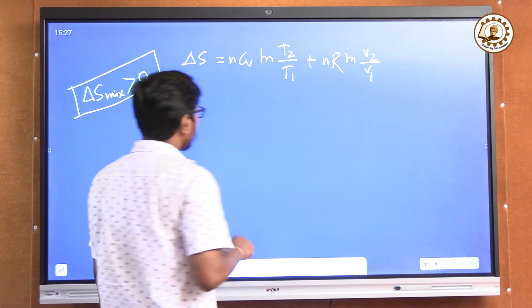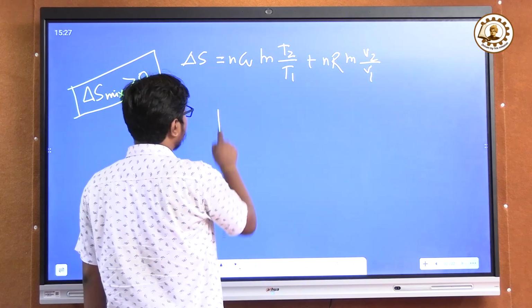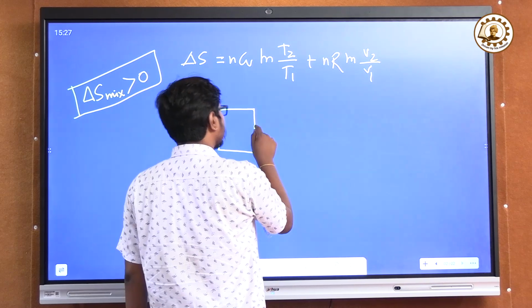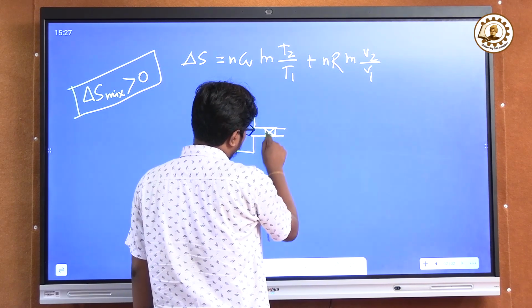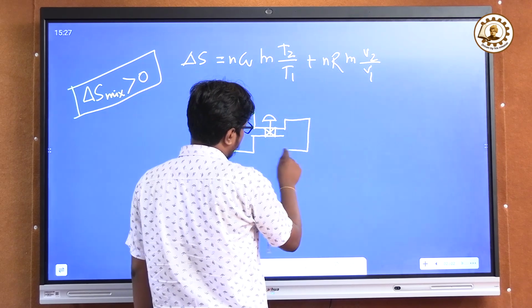First of all, we can visualize this. Suppose here is a chamber where the bulb is there.